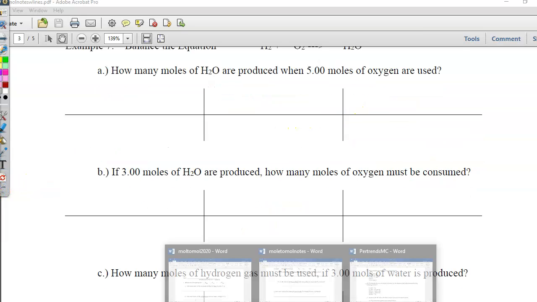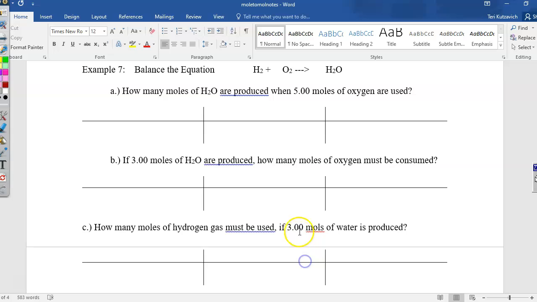Okay, the next thing we're going to do, we're going to do number 7. So again, we have to start off with the balanced chemical equation, and this would be 2, 1, 2. We're given moles of oxygen, and oxygen is one of your diatomic elements.